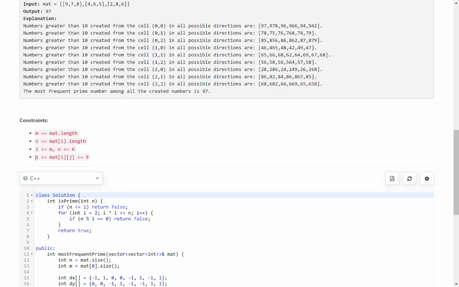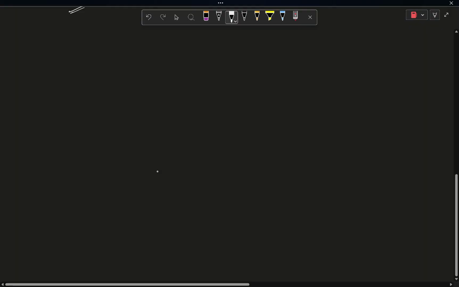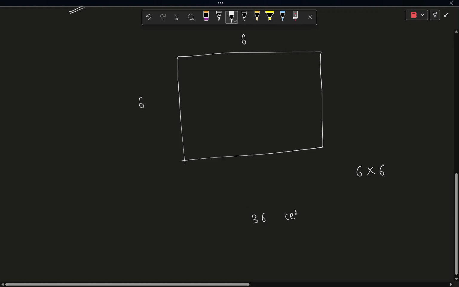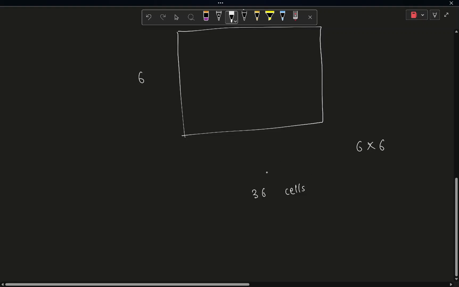By the way, every cell will have only a single digit number from 1 to 9. At the very max, we will have a 6 cross 6 matrix.